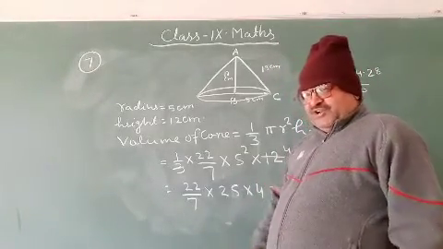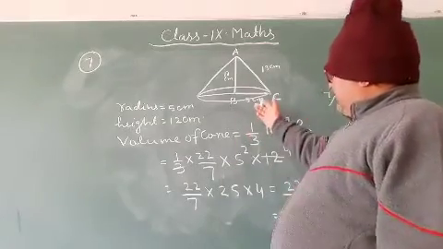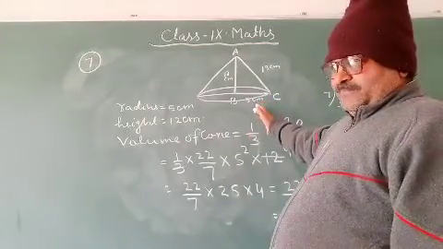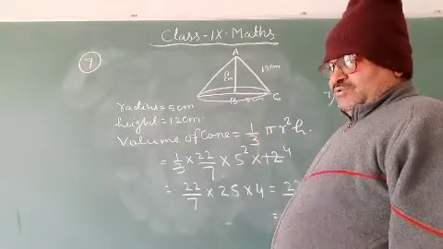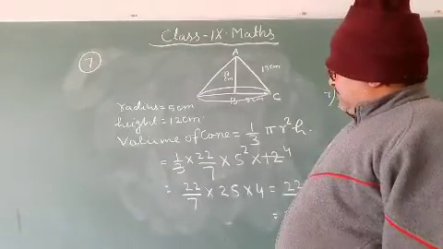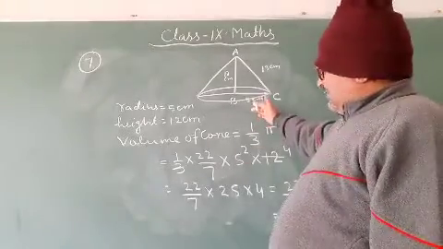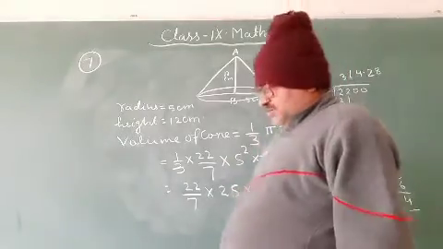After the revolution about the 5 centimeter side, the triangle becomes a right circular cone of radius 12 centimeter and height 5 centimeter. Clear? So thank you.